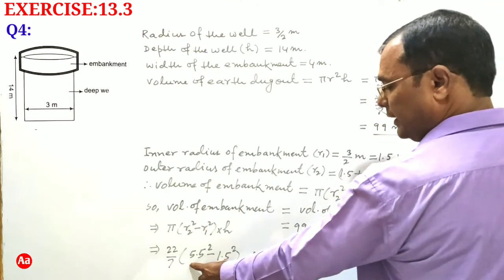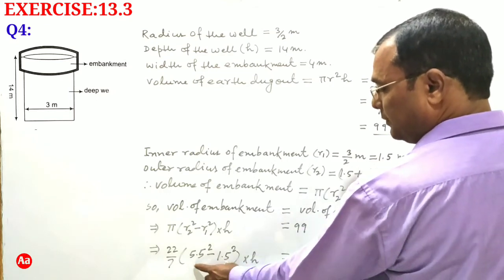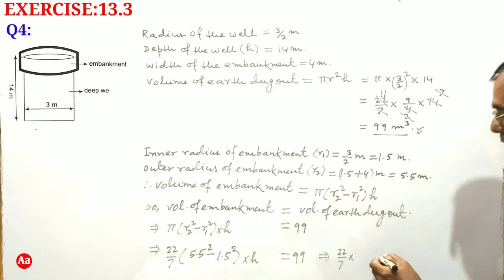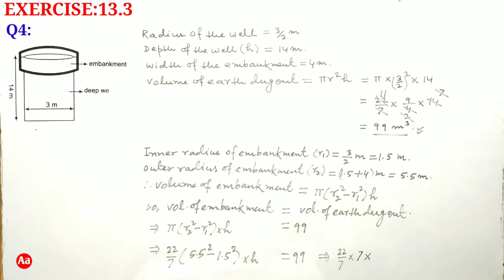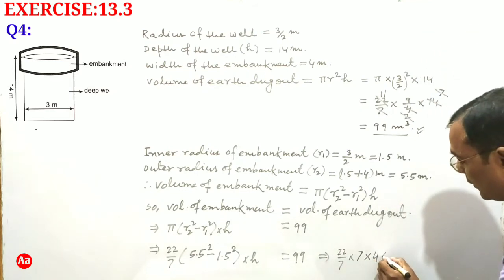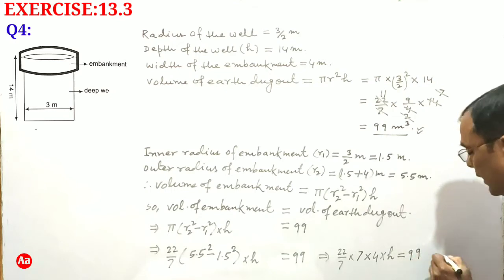So when we find a plus b, 5.5 plus 1.5, that is 7, into a minus b, that is 4. So 4 into H equal to 99.